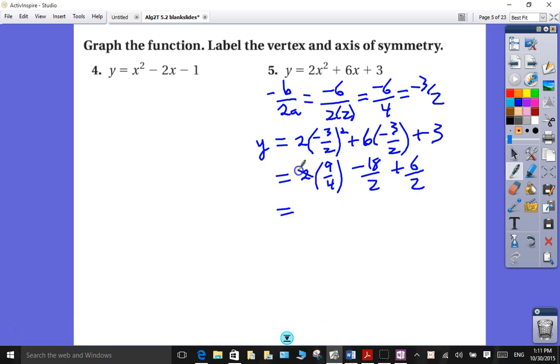The 2 goes into 4 twice, so I've got 9 halves minus 18 halves plus 6 halves, which is what? Negative 3 halves.